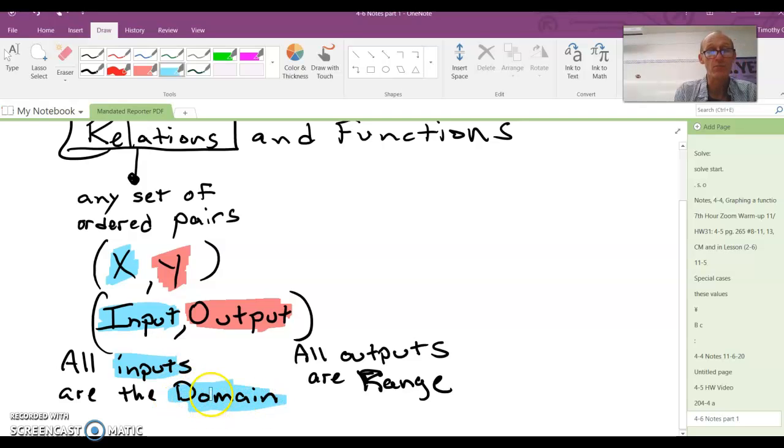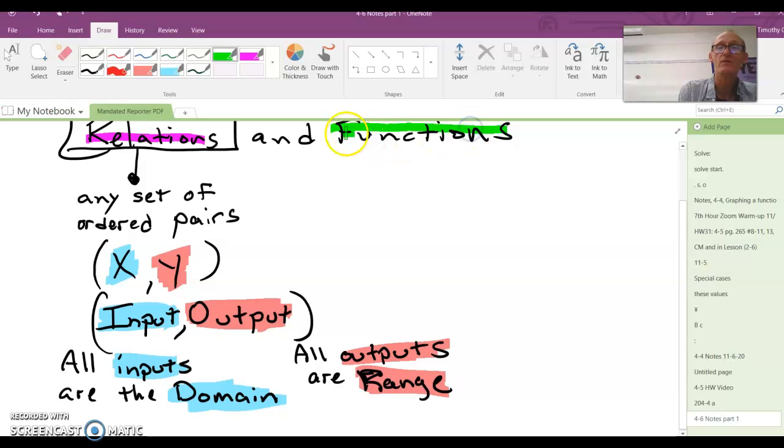So there could be a bunch of numbers that make up the domain, and then all the outputs, the Y's, make up the range. The Y values are the output, and all the outputs make up the range. That's a relation.